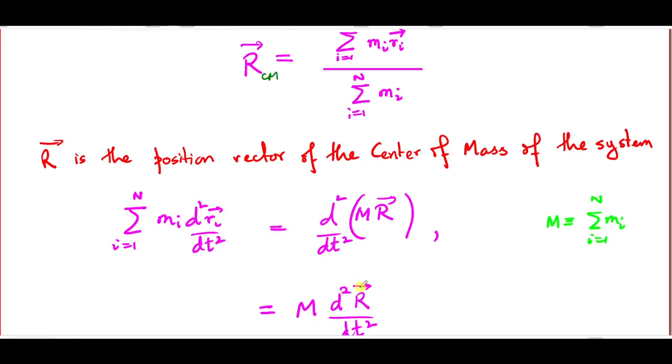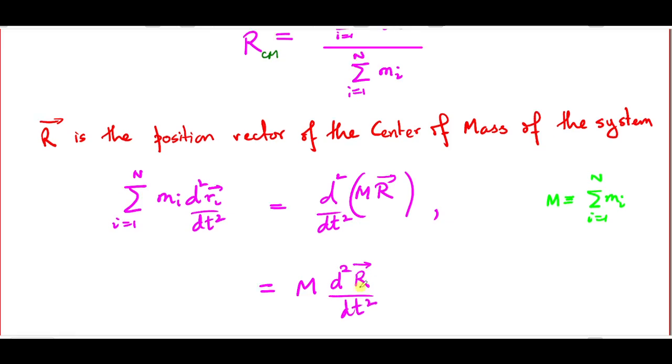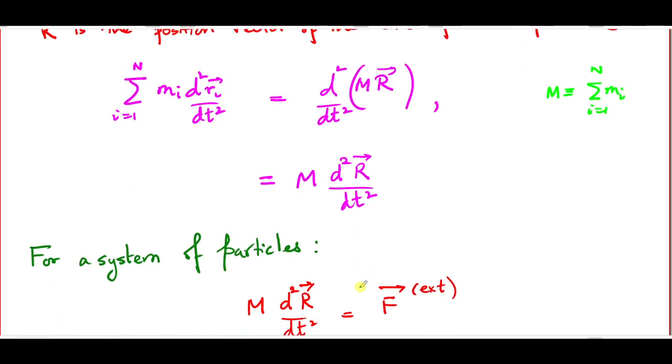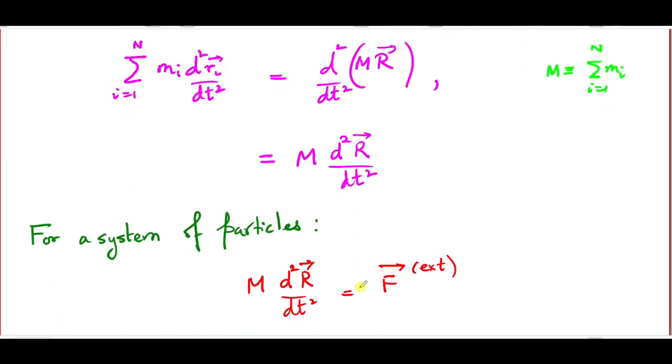And that means it's equal to capital M, once again capital M being a constant as far as time is concerned, can be pulled out of the derivatives, capital M times d^2R vector/dt^2. So, for a system of particles, we have this very interesting looking equation: capital M d^2R vector/dt^2 is F external.